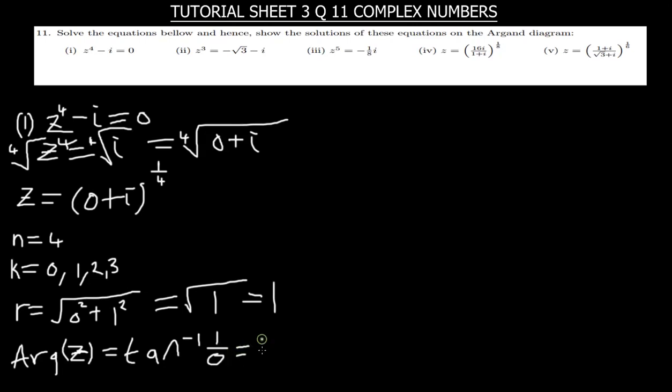So 1 over 0 is just the same as tan inverse of infinity. So tan inverse of infinity is equal to 90.